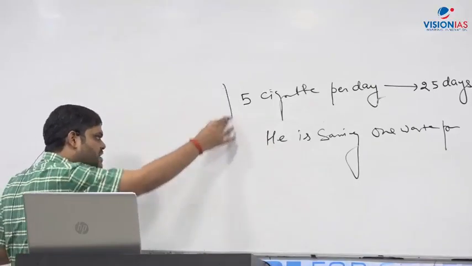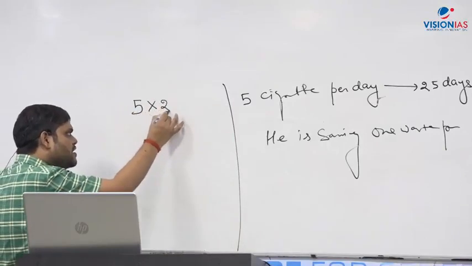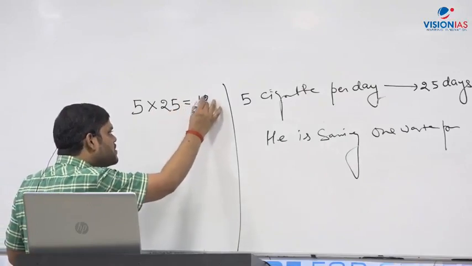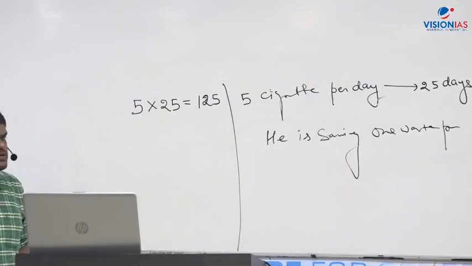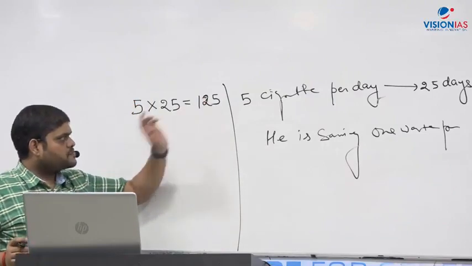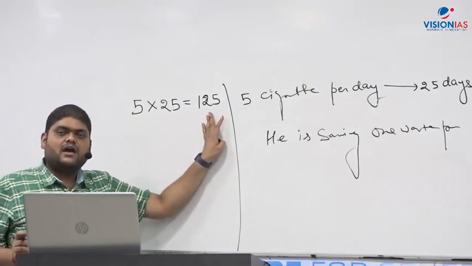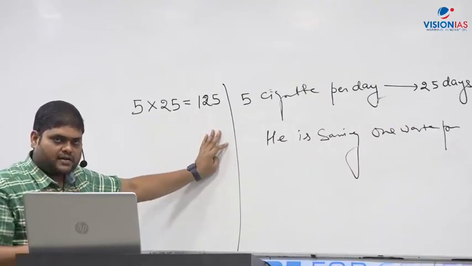Let me explain. A person is smoking 5 cigarettes per day for 25 days. That means he is smoking 125 cigarettes. Now, out of 125 cigarettes, he will save 125 waste parts.